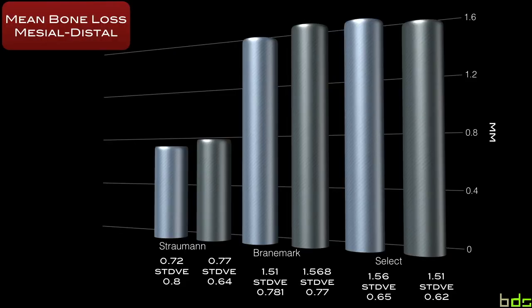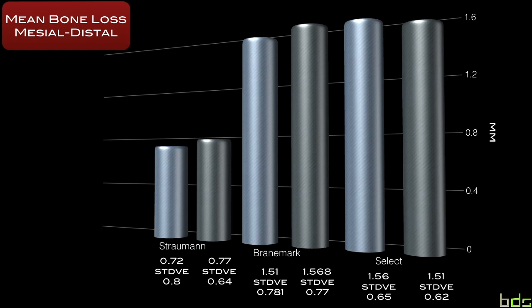This is a chart that everyone wants to see. What was the difference? We observed on average 0.72 on the mesial and 0.77 on the distal, in millimeters of bone loss, on the Straumann bone level implant, 1.51 and 1.56 on Brånemark implants, and 1.56 and 1.51 on the Nobel Select implants.